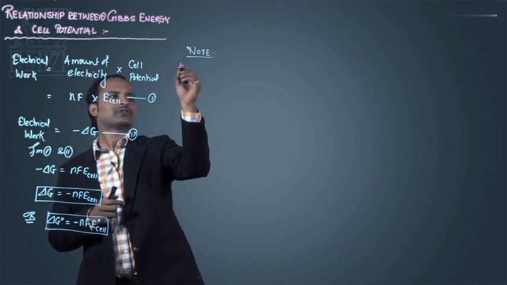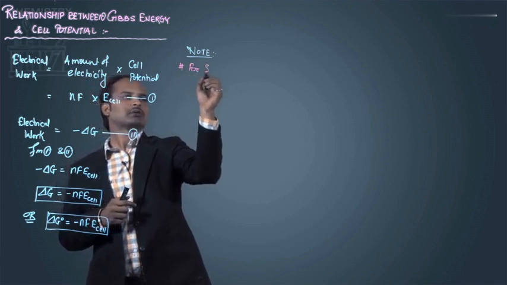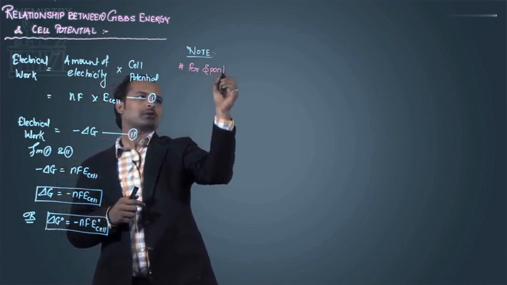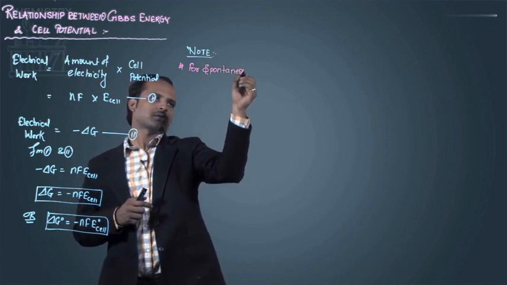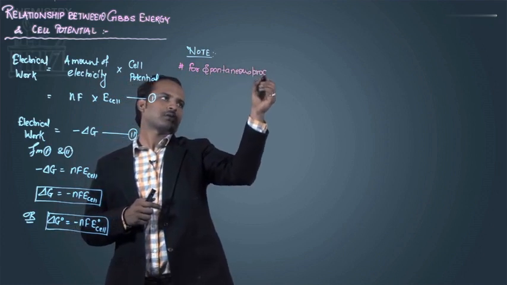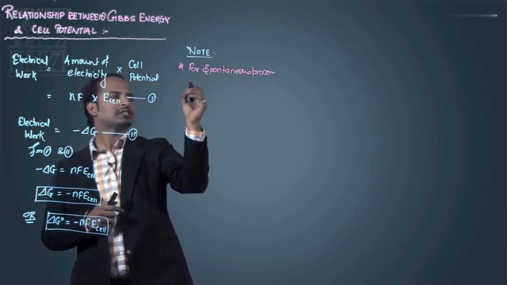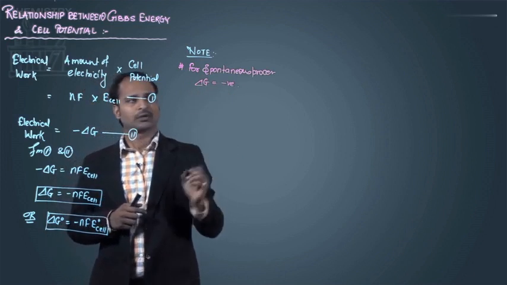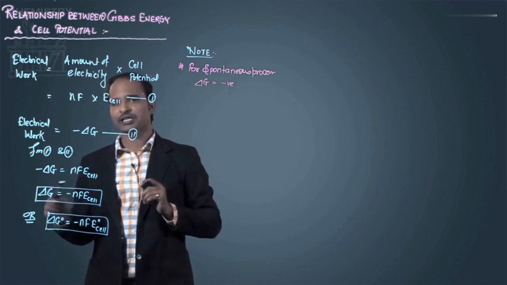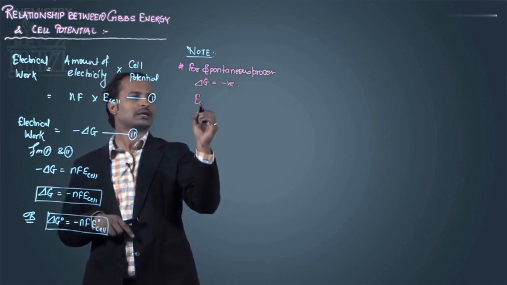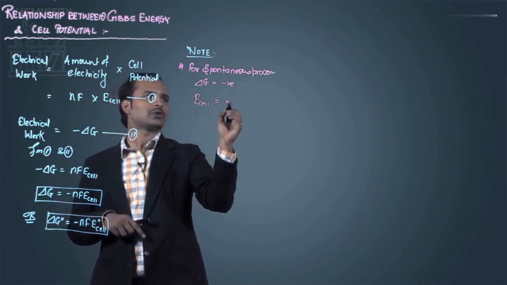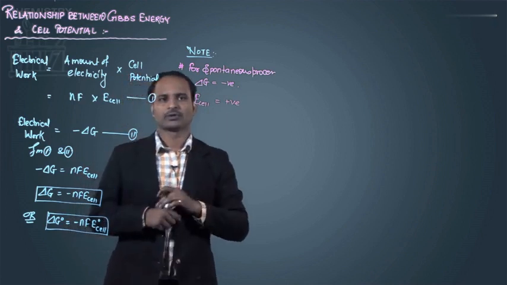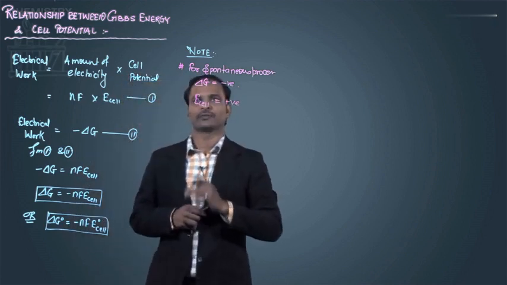So I can say that for a spontaneous process, the delta G is negative. And if the delta G is negative, then minus minus will get cancelled, and so I can say that E cell is positive.